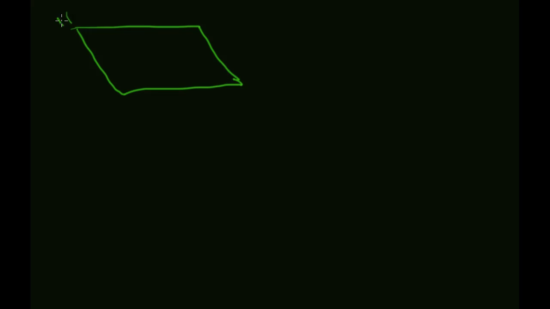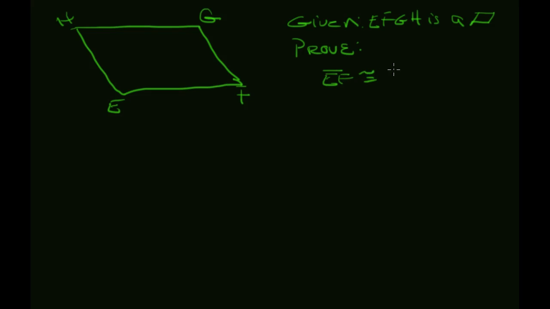We're going to call this H, G, E, and F. All right, so we're going to be given that EFGH is a parallelogram, and we want to prove ultimately that EF is congruent to HG, and we want to prove that FG is congruent to EH.